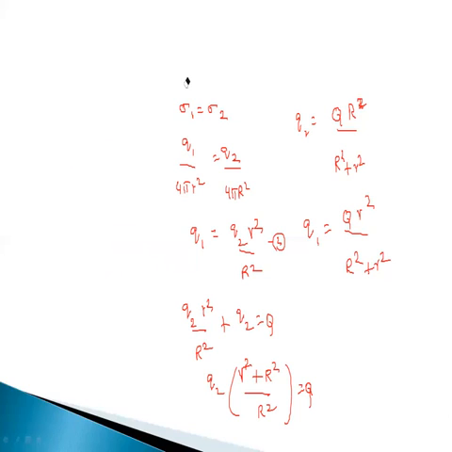What is the formula for total potential here? This is nothing but the potential due to the first sphere, 1 by 4 pi epsilon naught, I will take common in both the cases.